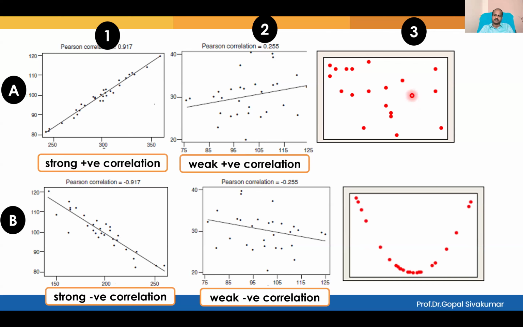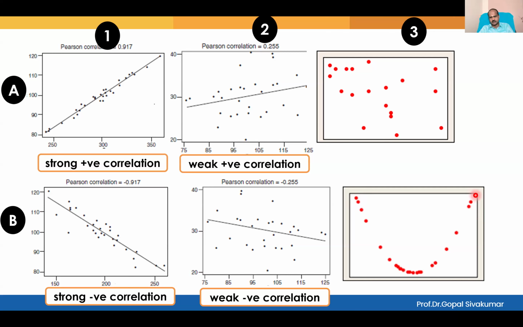Now the last diagram. What do you think here? Is there a relation? There is a curvilinear relation. There is a relation, but there is no linear relation, but there is a curvilinear relation. There is no correlation, but there is curvilinear relation.